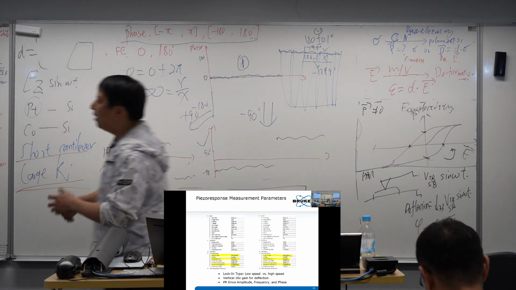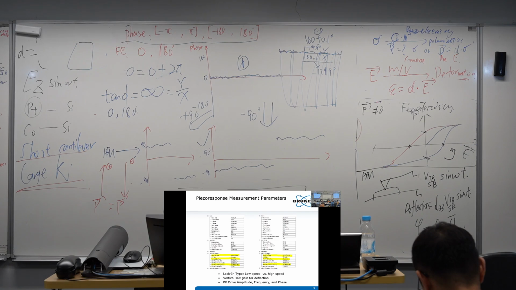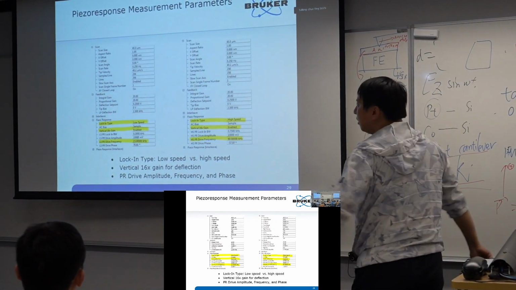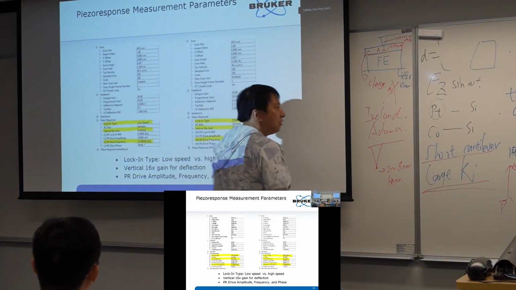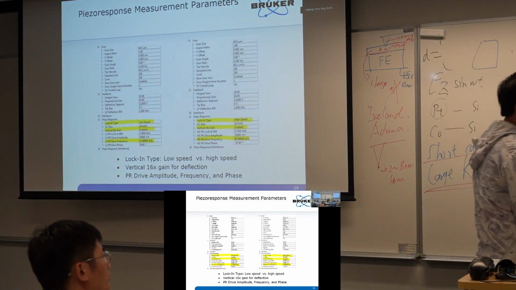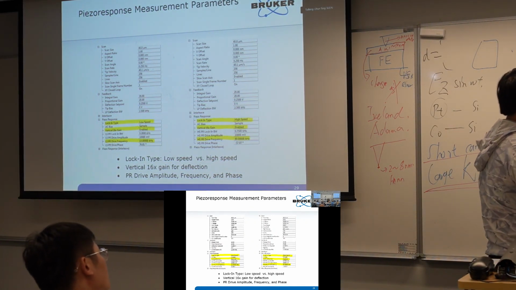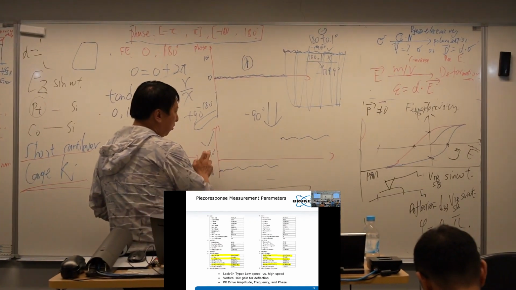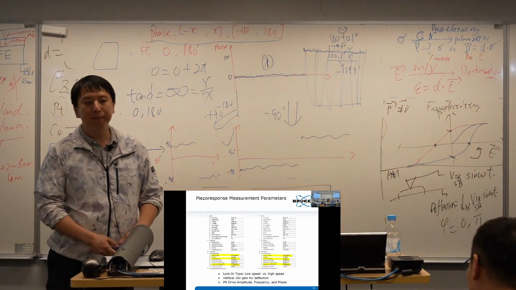In our parameters, there is a parameter called the drive phase. This drive phase is just this one. You can add or subtract some degrees to get your graphs to be stable at positive and negative 90.